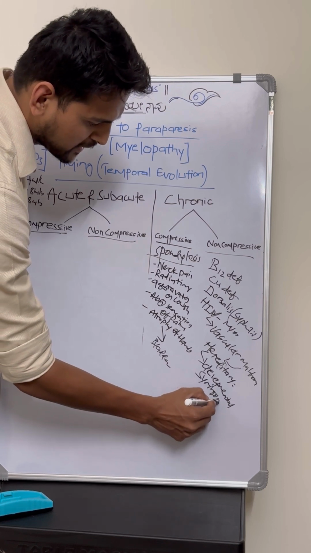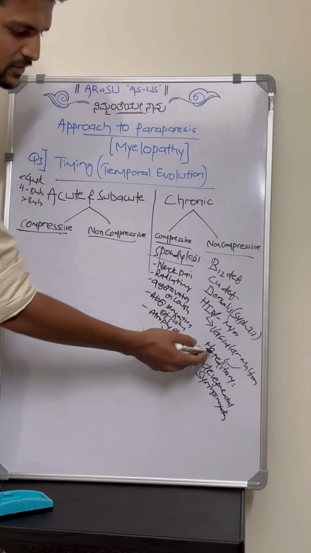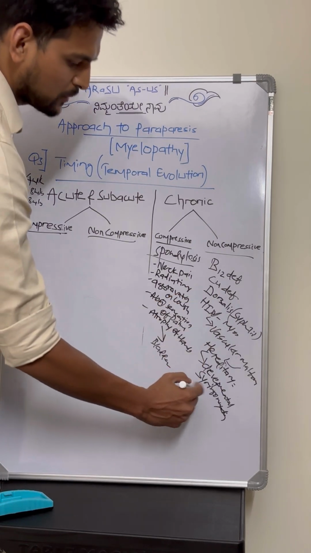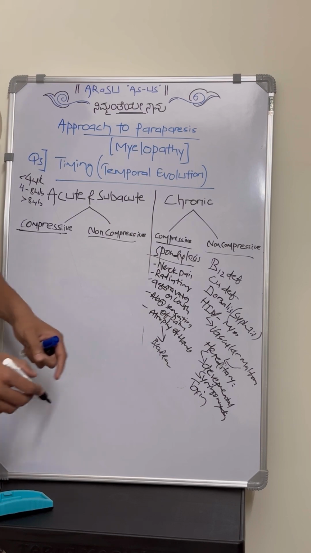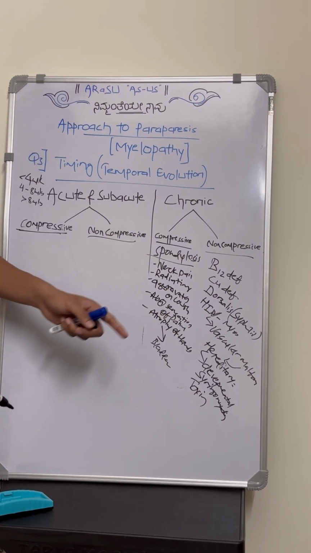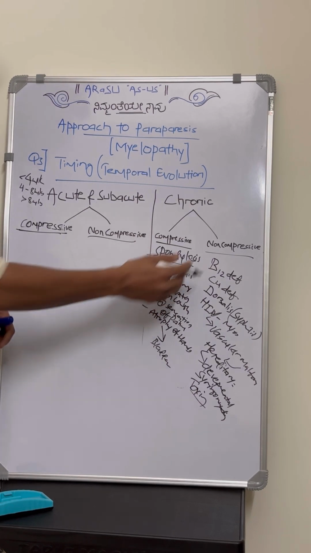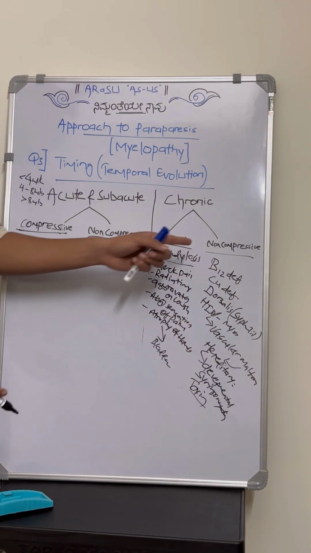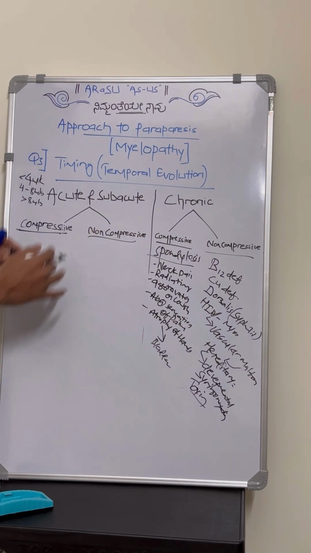Syringomyelia can be developmental as well as acquired, but just to remember, I am telling this pattern. And one more important thing is exposure to toxins, especially toxin exposure and nitrous oxide inhalation. So these might be the possibilities. We have to take the history related to these things whenever we are dealing with chronic non-compressive myelopathy. So these are few causes related to the timing.